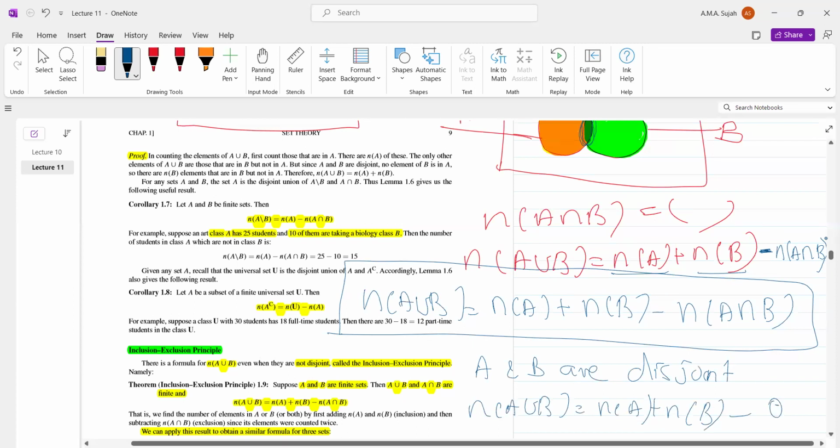Why? If A and B are disjoint, A intersection B is 0. So we can write this equation only if A and B are disjoint sets. Understand?